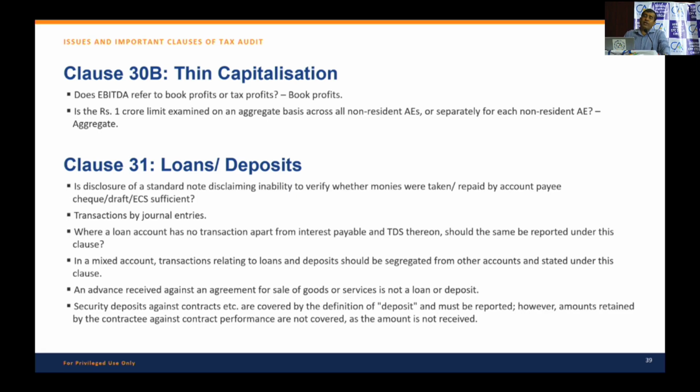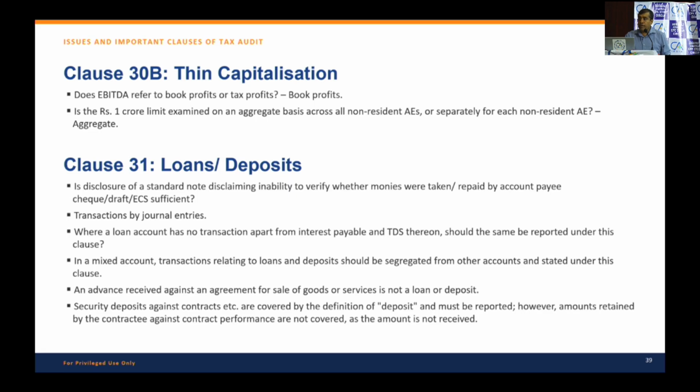Clause 31, again well settled clauses, but one observation: this clause warrants reporting for loans and deposits. Now largely I have seen the reporting only happens for loans, and deposits are missed out. So all security deposits also will take the color of deposits, which fall under reporting in the various paragraphs of clause 31.